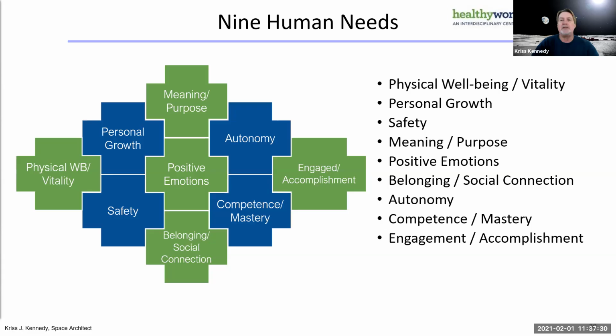And so these nine are physical well-being, vitality, personal growth. These are the human needs that we need to satisfy to make productive and beneficial spaces for humans to live and work in: safety, meaning and purpose, positive emotions, belonging, social connection, autonomy, competence and mastery, engagement and accomplishment.